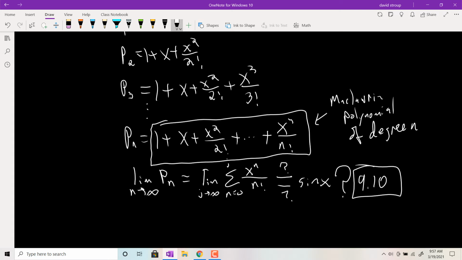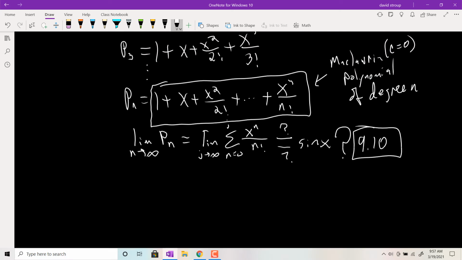There's two types of polynomials, Maclaurin and Taylor. Maclaurin just means it's centered at 0. If you have a Taylor polynomial, it's centered somewhere else. It's kind of silly. They shouldn't even bother differentiating the two, but they do.